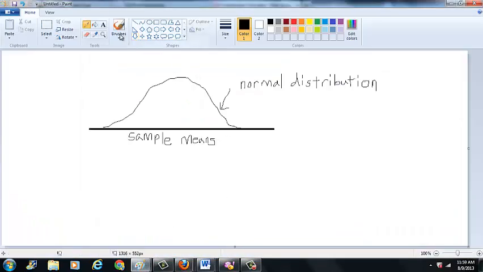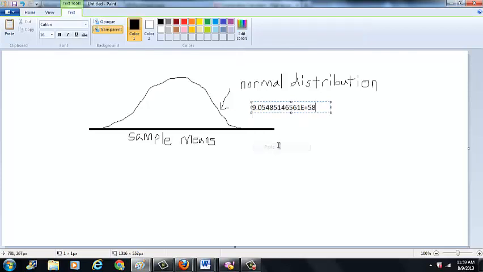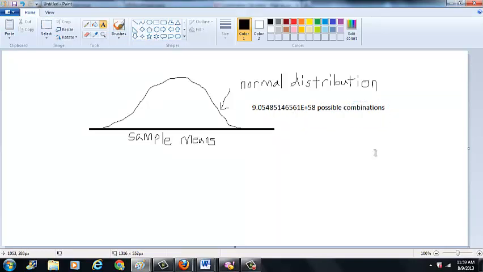I'm just going to paste it in. So I could say you have this many possible combinations. And I probably want to draw an arrow to show that the combinations are inside of this curve in here.